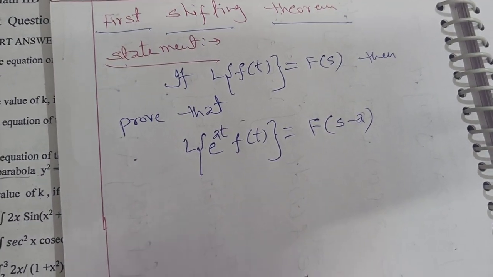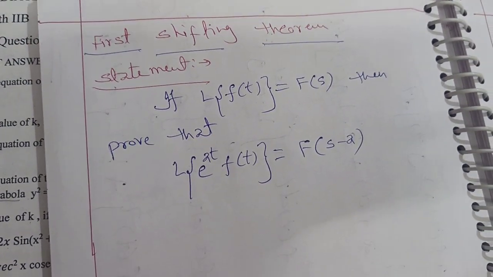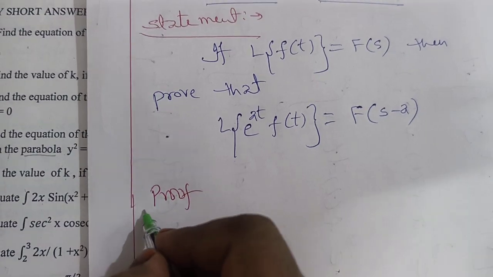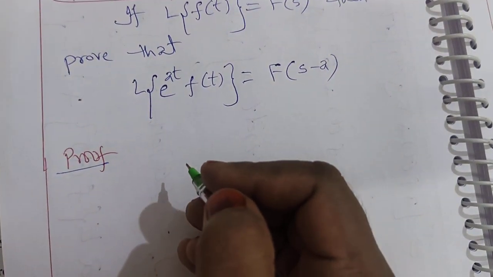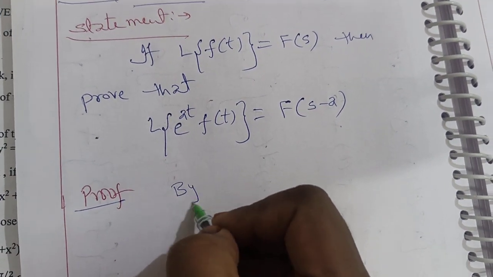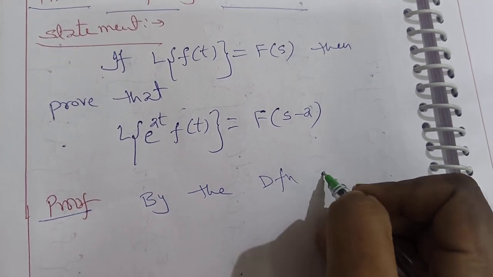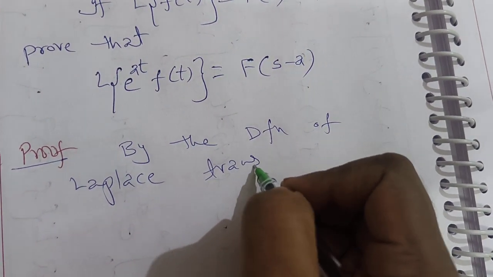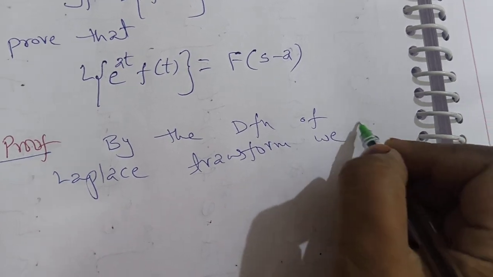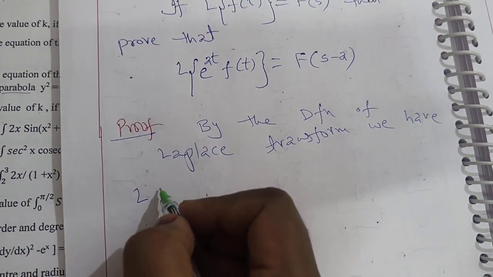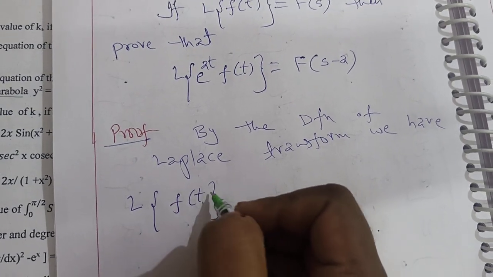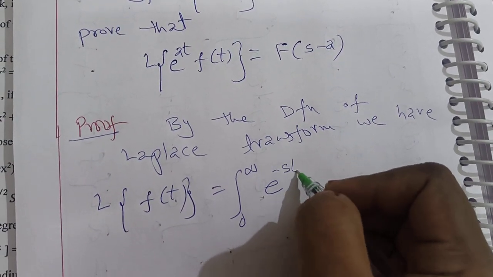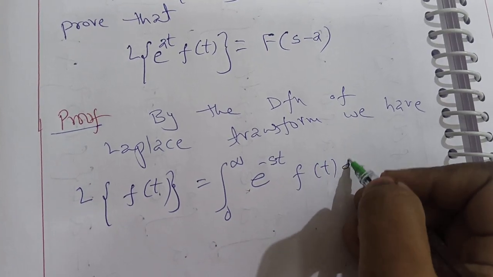Now we will write the proof. By the definition of Laplace transform, we have L of f of t is equal to integral 0 to infinity e to the power of minus st f of t into dt.